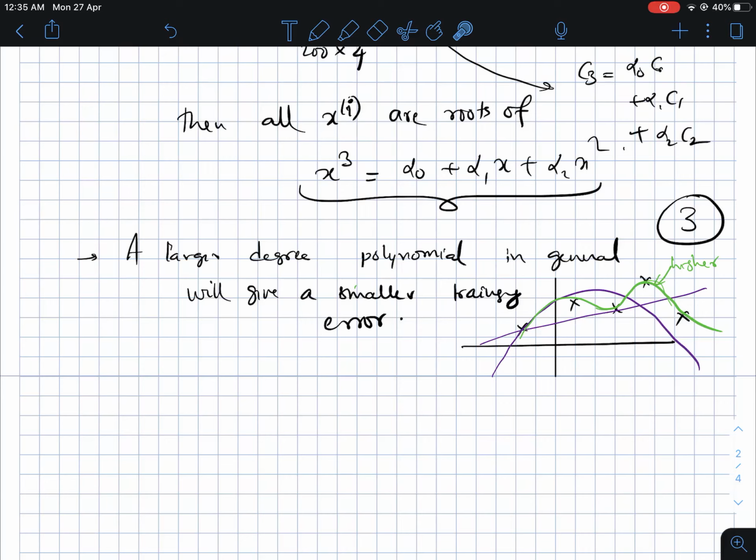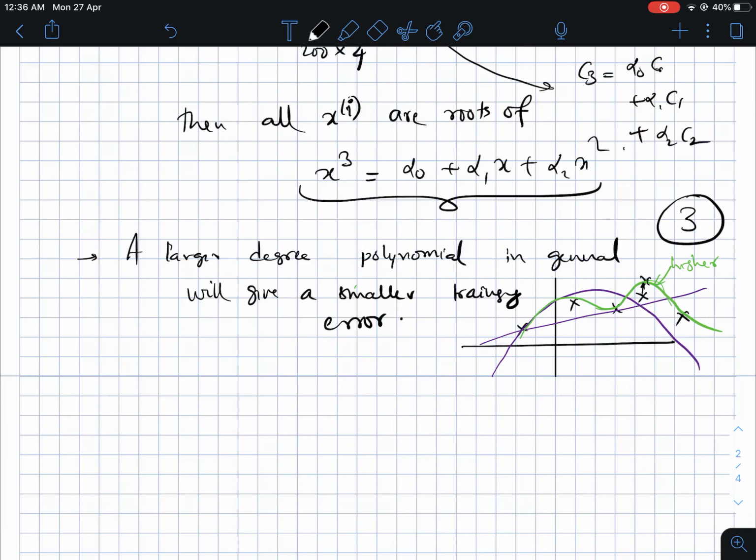To give a very simple scenario, maybe all these wiggles are just due to noise. Maybe the true value of the score for this particular student was here, but it just got shifted up due to some noise, and this noise could be different for students in the next batch.